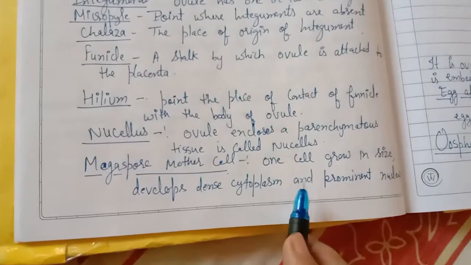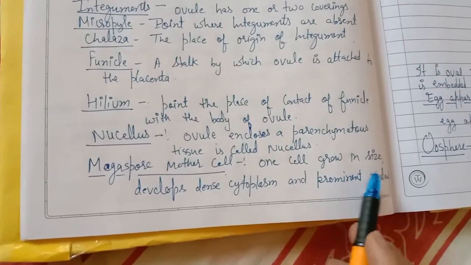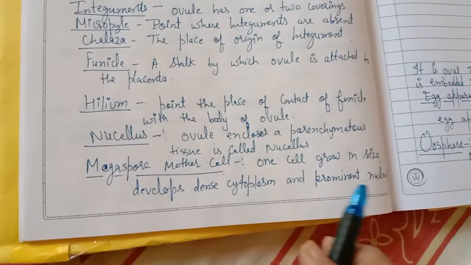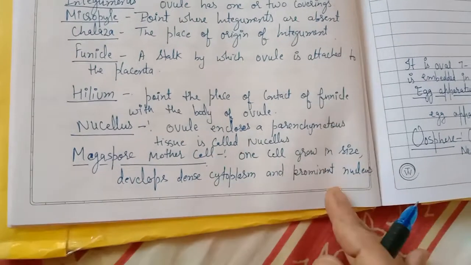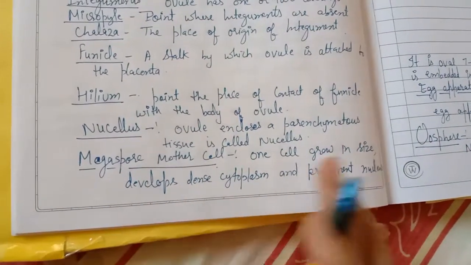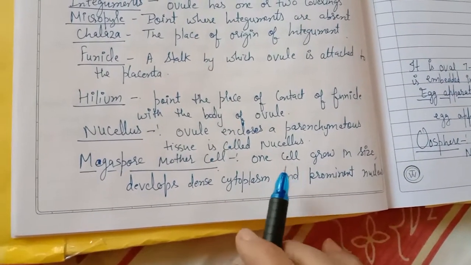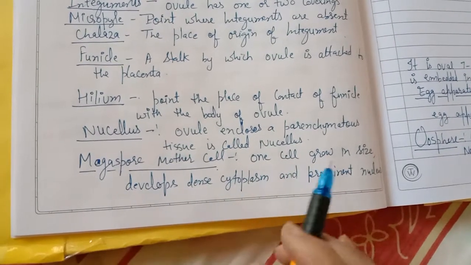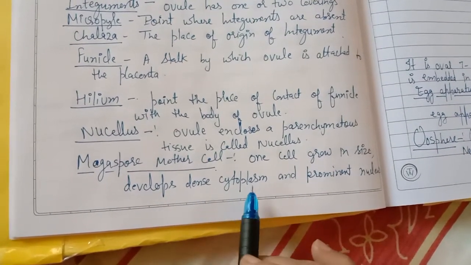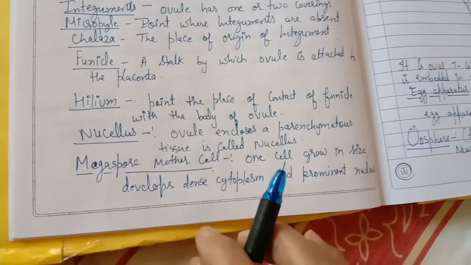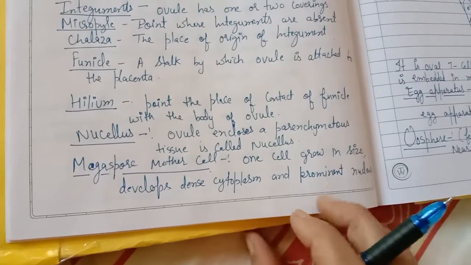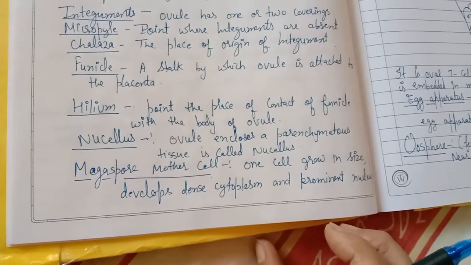The megaspore mother cell is what? One cell grows in size and develops dense cytoplasm and a prominent nucleus. That is called the megaspore mother cell.